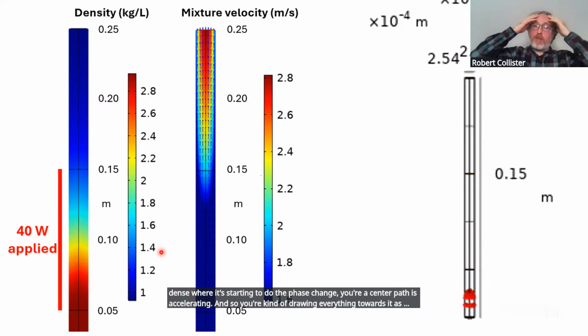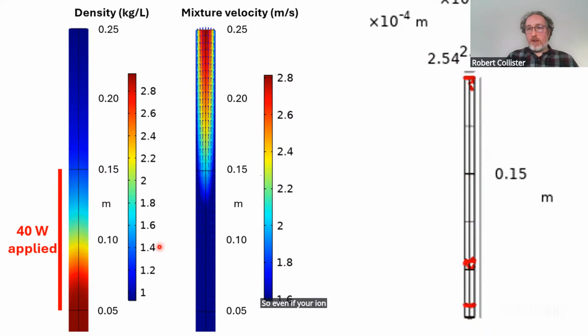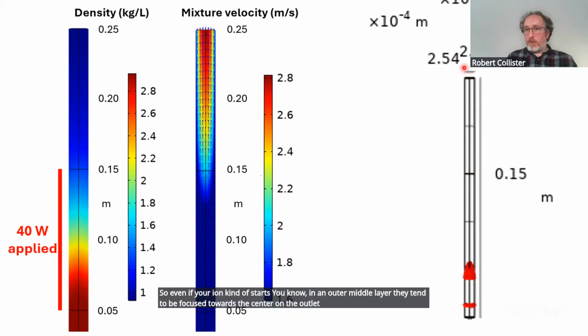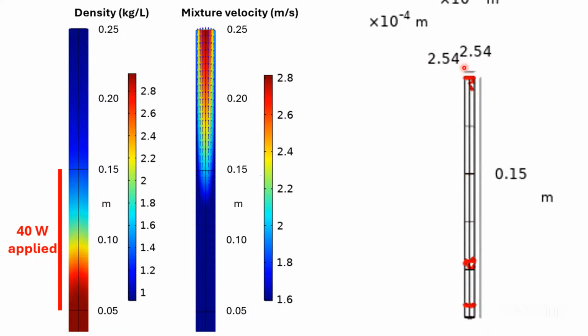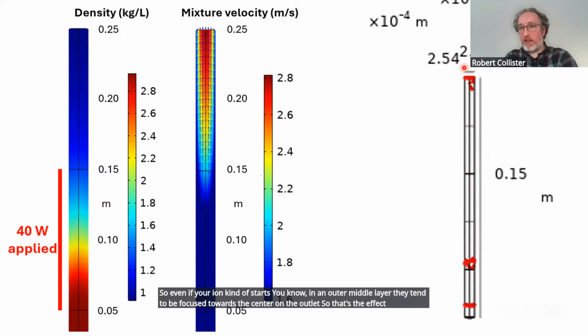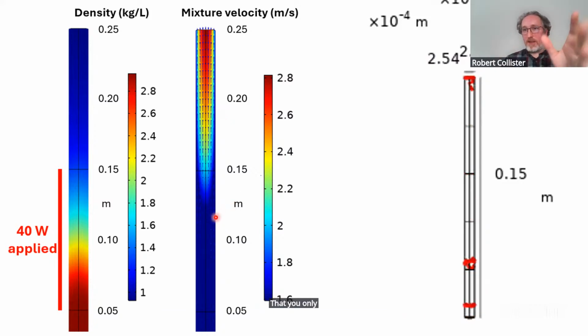So even if your ion starts in an outer middle layer, they tend to be focused towards the center on the outlet. So that's the effect we see for what the heating is actually doing at a finer level. It's a relatively small effect that you only really see because this capillary is so long.